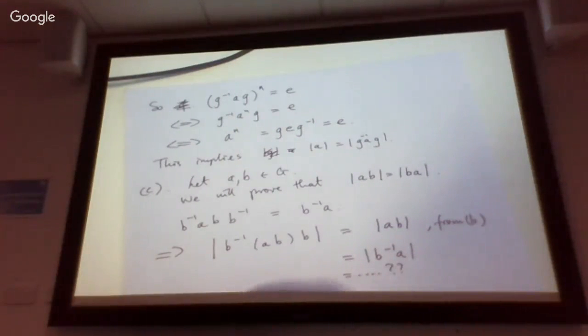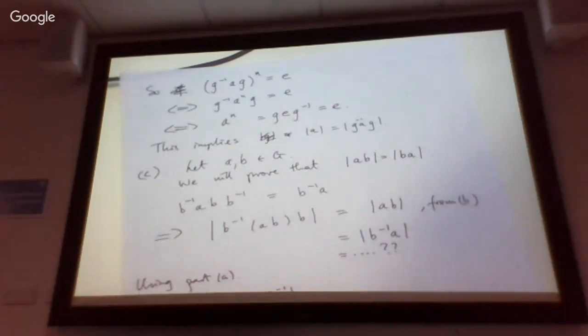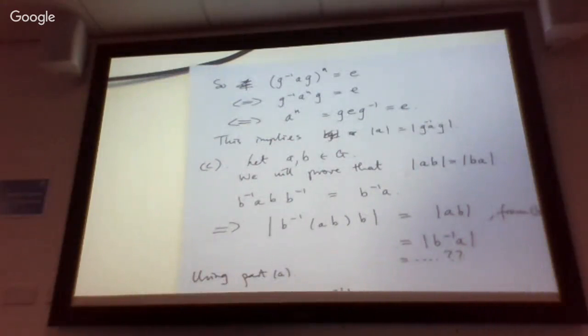The element in brackets, an integer power of that is equal to the identity if and only if the same integer power of A is equal to the identity. So they behave exactly the same in relation to this idea. So this implies the order of A is equal to the order of G inverse AG.